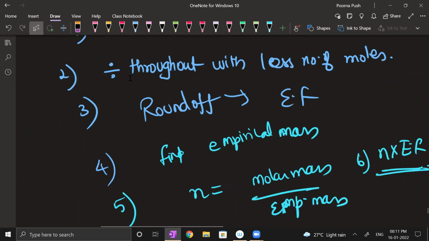Fifth step, find the integer n, which is molar mass by empirical mass. Sixth step, multiply that integer by the empirical formula. Make a note of these points.